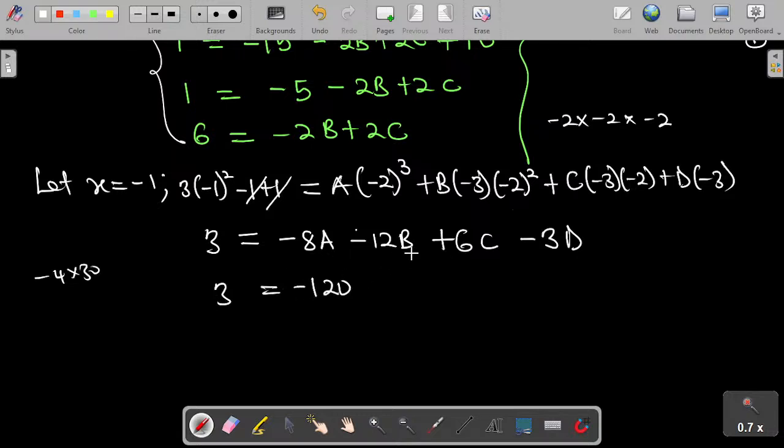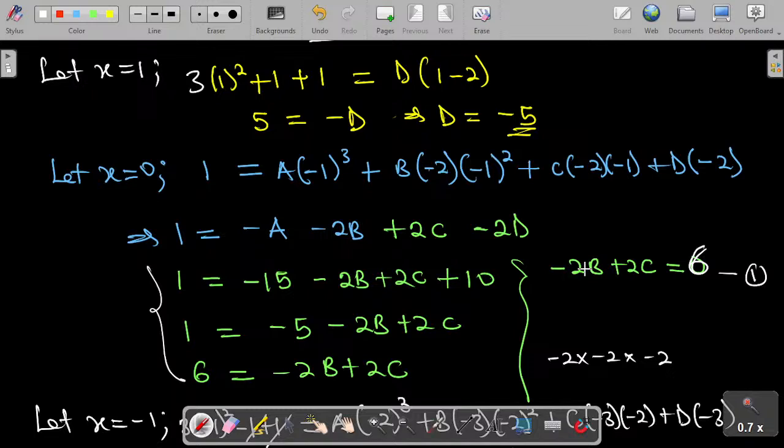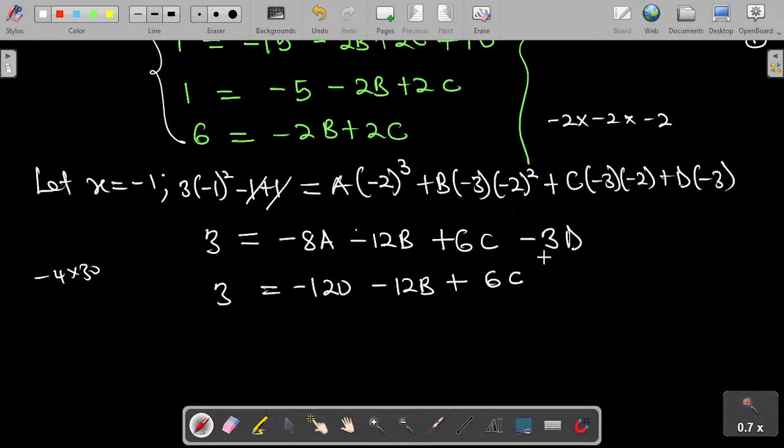Then here we don't know our b, so we leave it, and we don't know our c, we also leave it. Here we know our d, and our d is minus 5. So if we substitute here, minus 5 times minus 3 will give us 15. So we are now going to have 3 is equal to minus 120 plus 15.